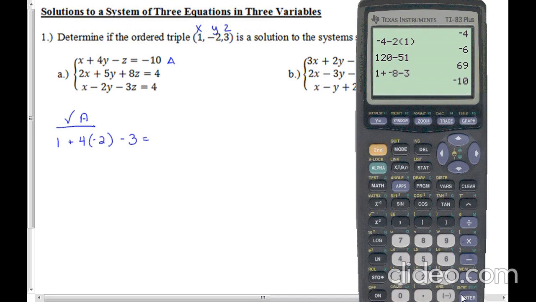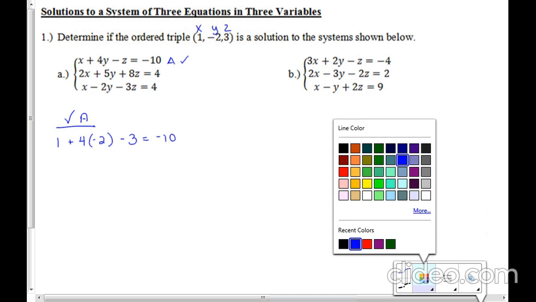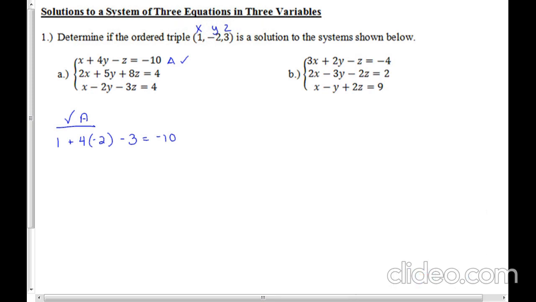And so the ordered triple would be a solution for equation A, the first equation, which is good. Now, if you remember solutions for systems, when we defined that, the solution has to work for all of the equations in the system. So let's go ahead and move to check B. So this would be 2 times x, which is 1, plus 5 times negative 2, which is y, plus 8 times 3.